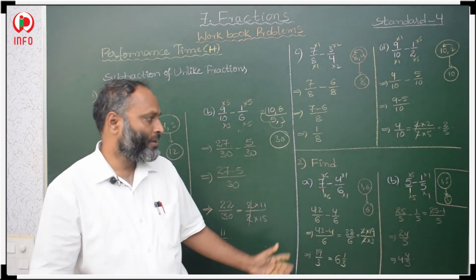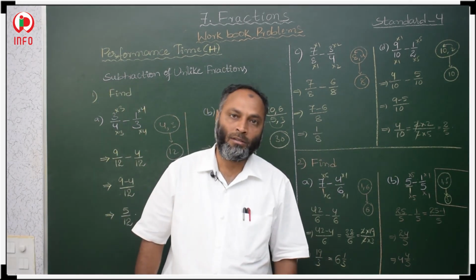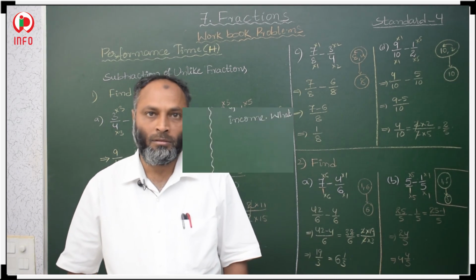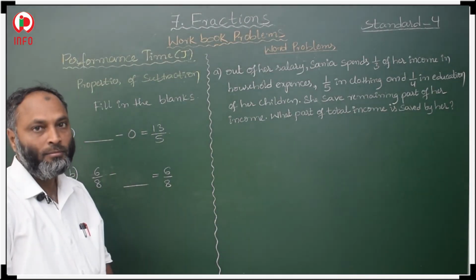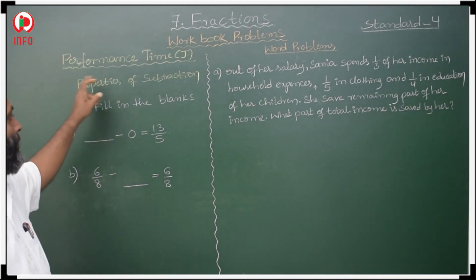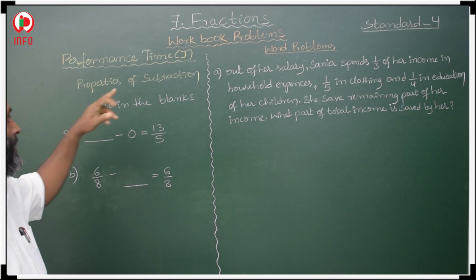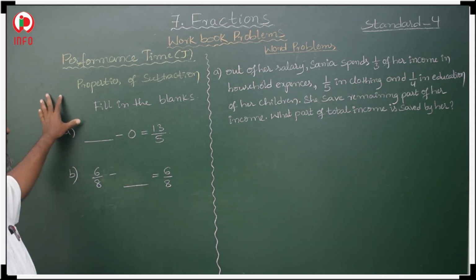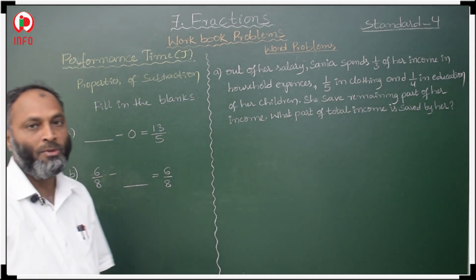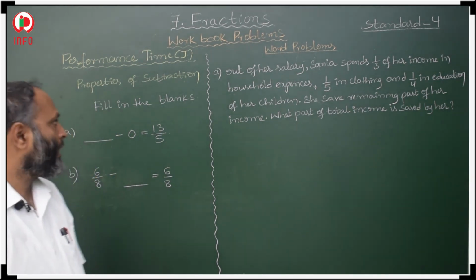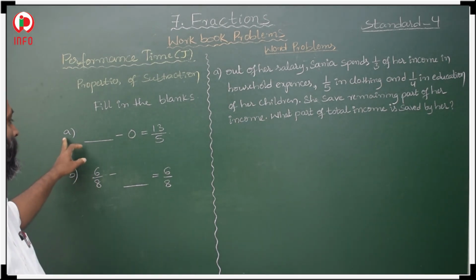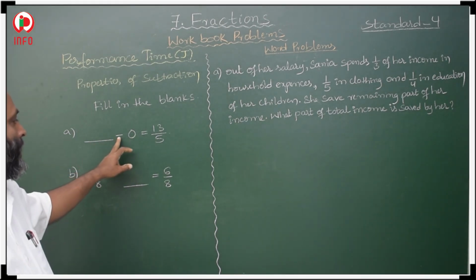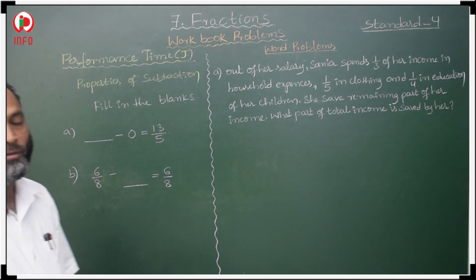So, this is the method to do subtraction. Okay. Now, next, in Performance Time J, properties of subtraction. So, these blanks are based on the properties of subtraction in fractions. The first one, dash minus 0 gives 13 by 5.